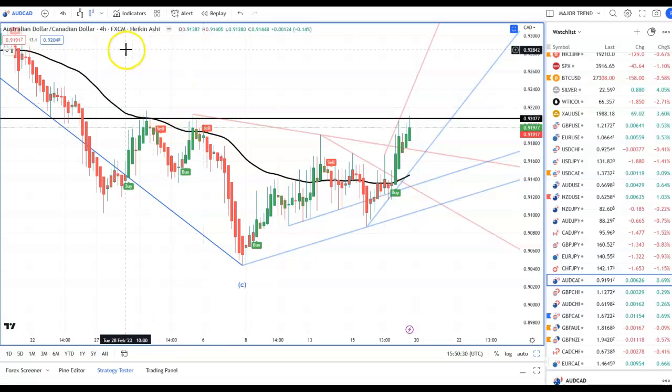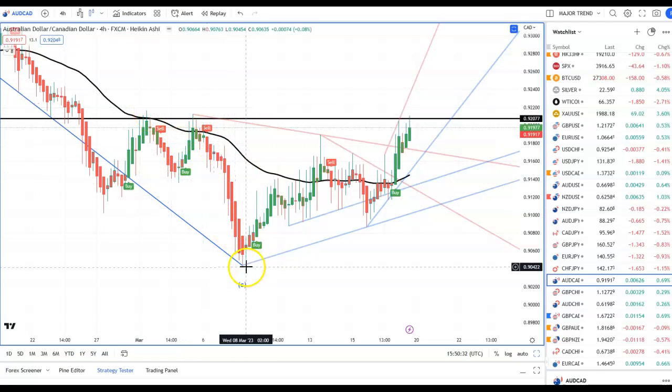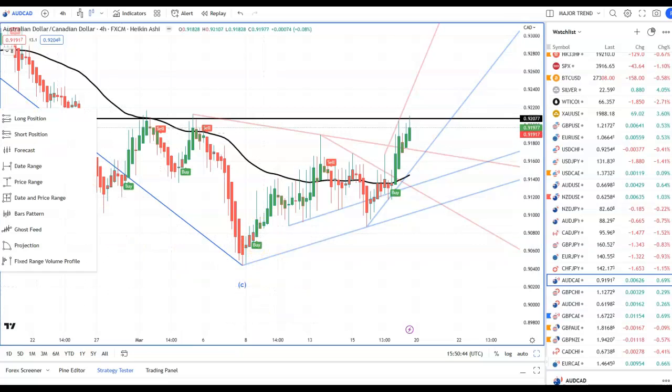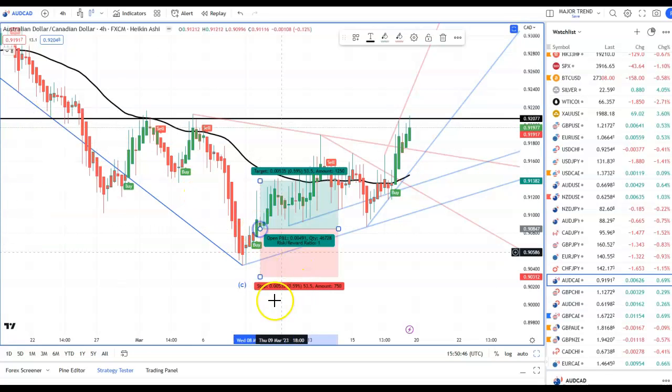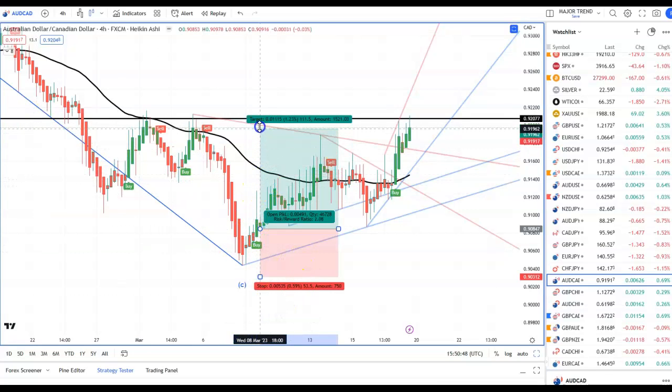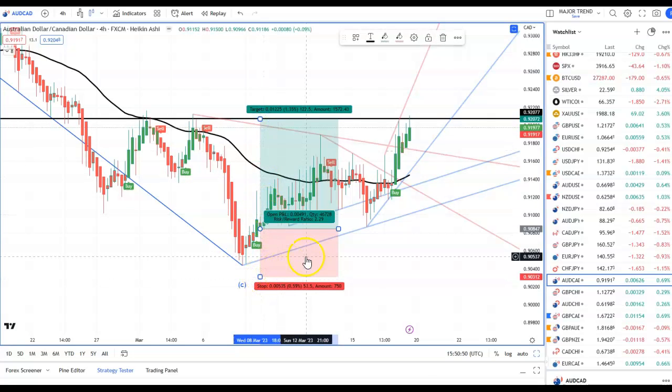So the B was up there somewhere. So the B into the C, and then the price moves up and you get a buy signal. You have to wait for the buy signal on the 4-hour chart with this one. So let's see, something like there to there, the stop below there. You got 2.29 risk to reward.